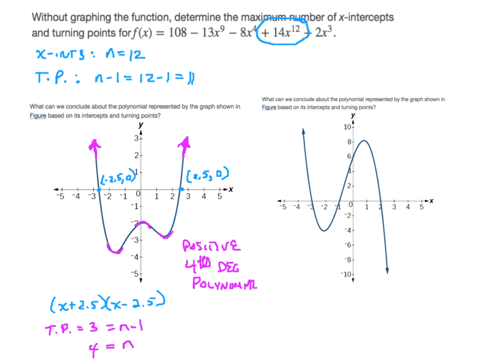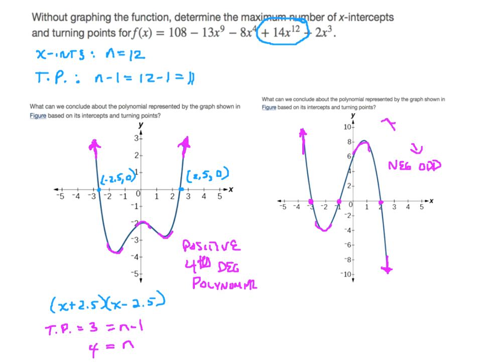All right, this next one, I have 3 x-intercepts, 2 turning points, and rises left, falls right. So since I rise left and fall right, this had to be a negative odd.